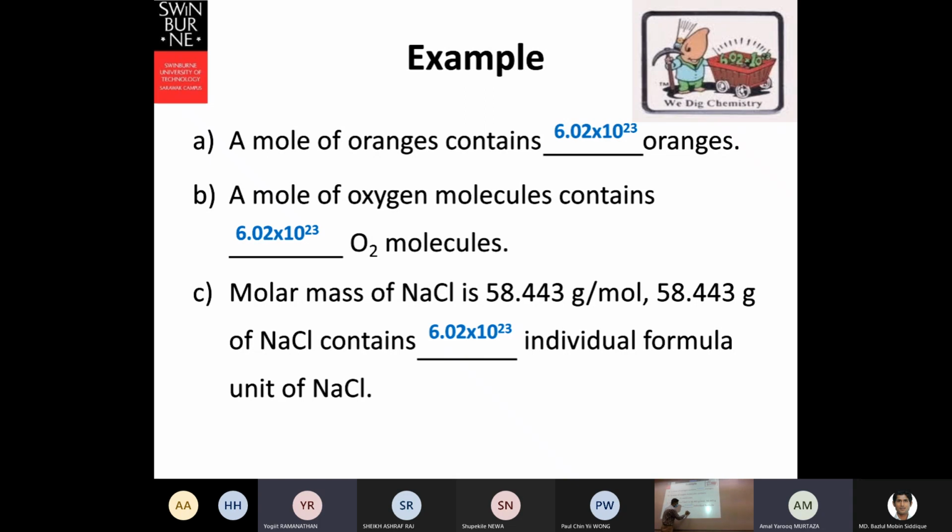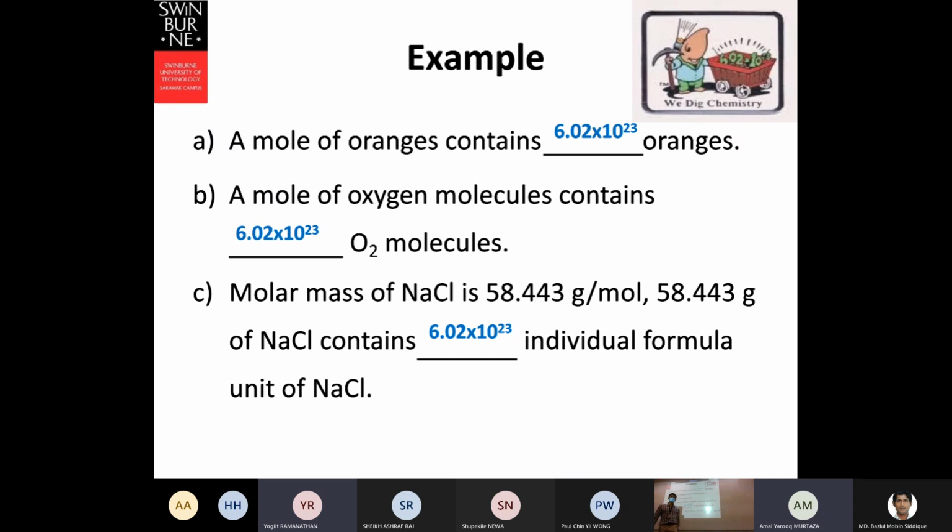It has 58.443 grams for 1 mole. So in 1 mole, there are 6.023 times 10 to the power 23 sodium and chloride both there.